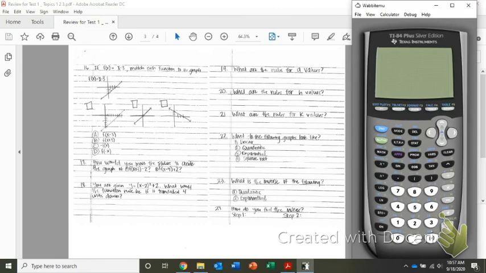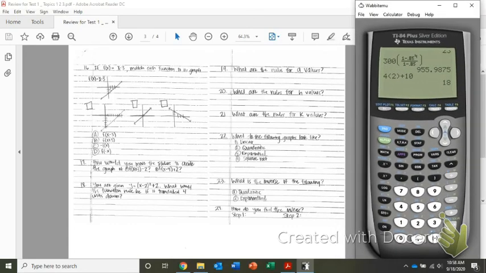So, we're looking for a quadratic. Quadratic is x squared. Here's x squared. Hold on, let me use my pen. Here is x squared. Right here. There we go. Here's x squared.